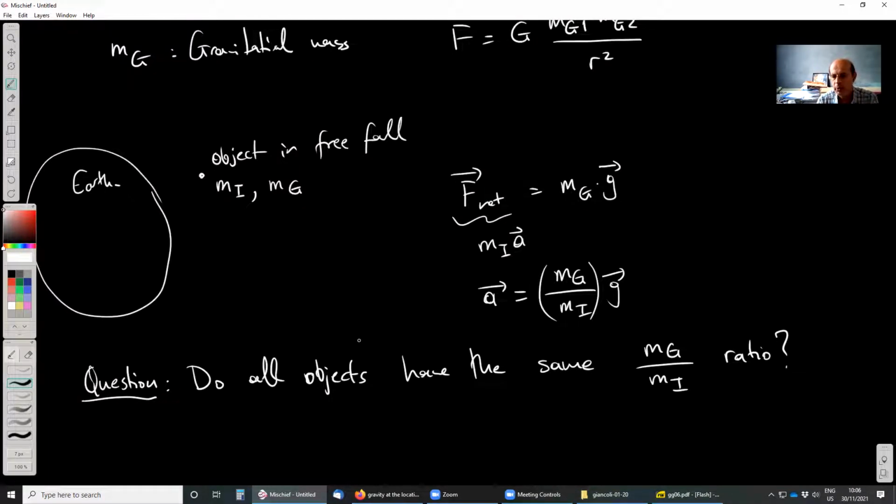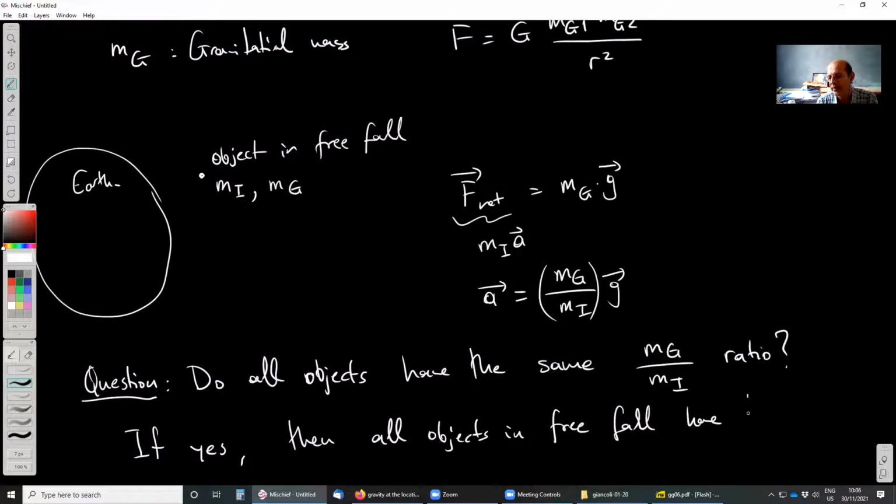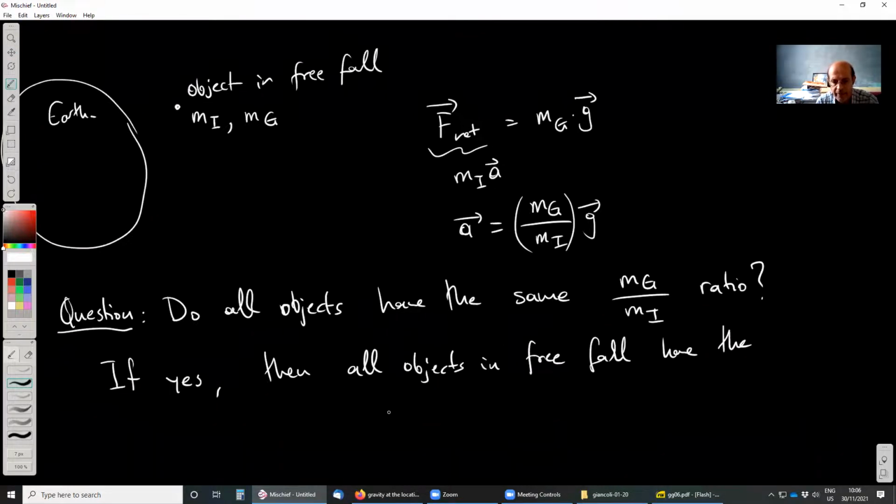Let's suppose that there's this gravitational mass and the inertial mass, and they are different. The first question is: do all objects have the same ratio? If yes, then all objects in free fall have the same acceleration.